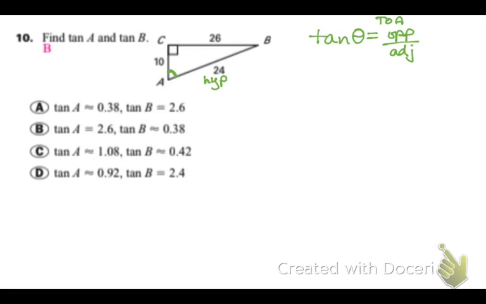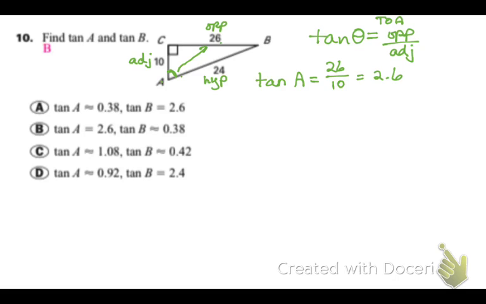From angle A's perspective, the opposite leg is going to be 26, and its adjacent leg is going to be 10. So the tangent of A is 26 over 10, which is equal to 2.6.